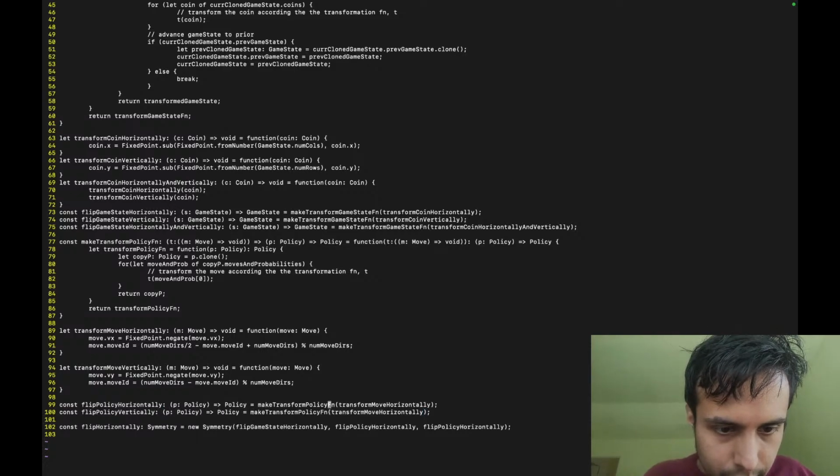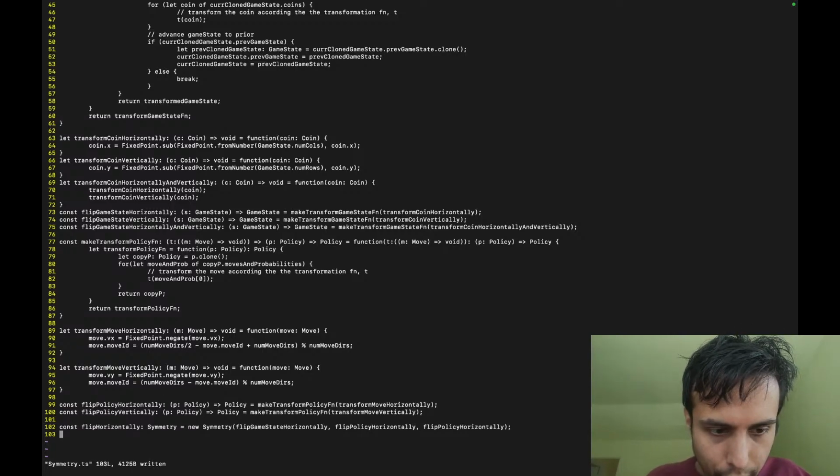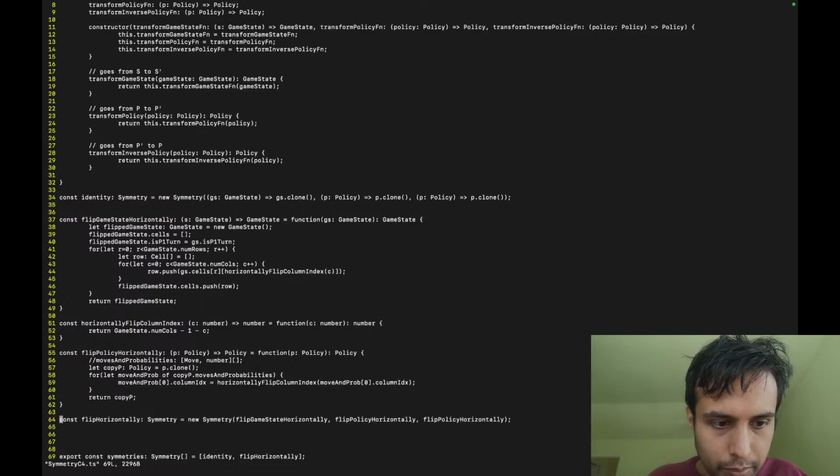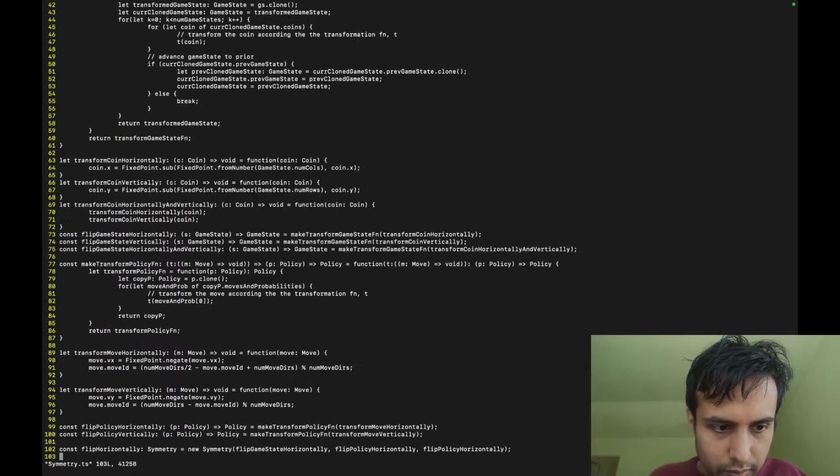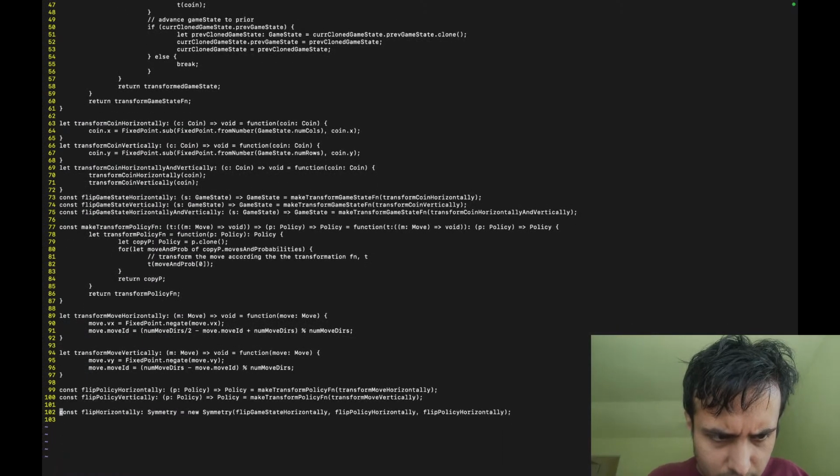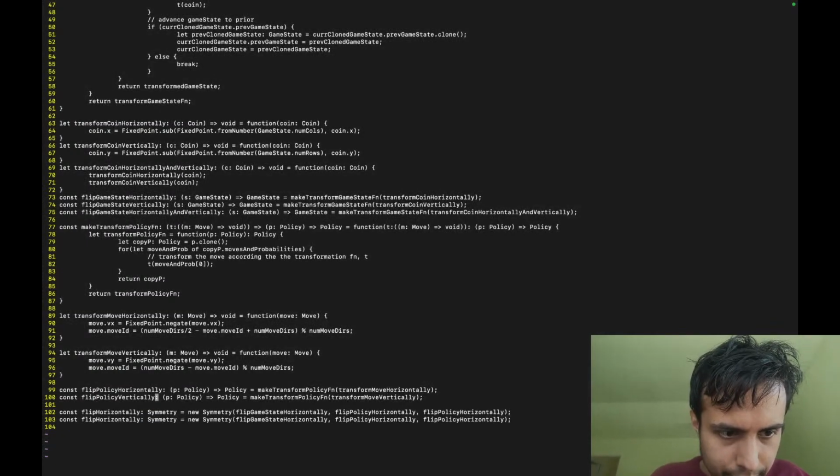And then just like that. So now we have our flip vertically symmetry, which we can kind of copy from. Oh, we don't have that. So flip vertically.